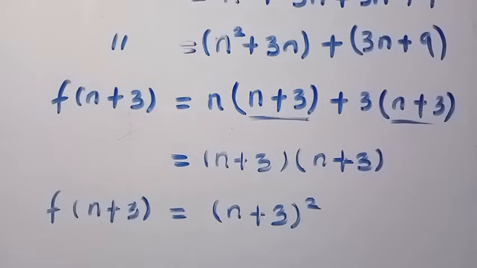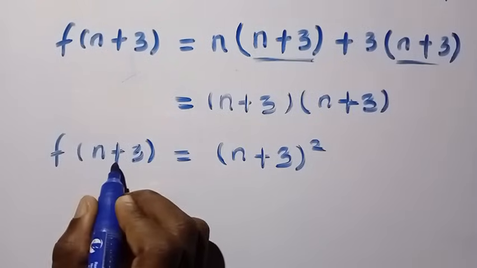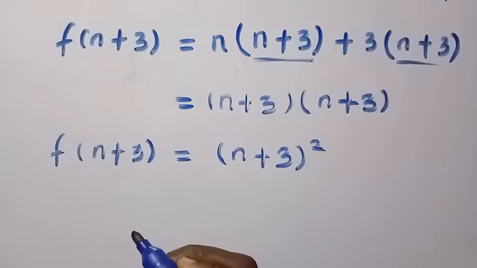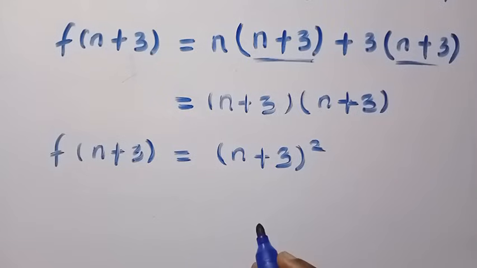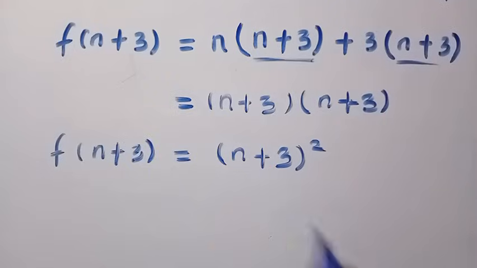Does this make sense? So after having this, we are now going to replace this n plus 3 with n, since we need to find f of n here, and here is n plus 3.